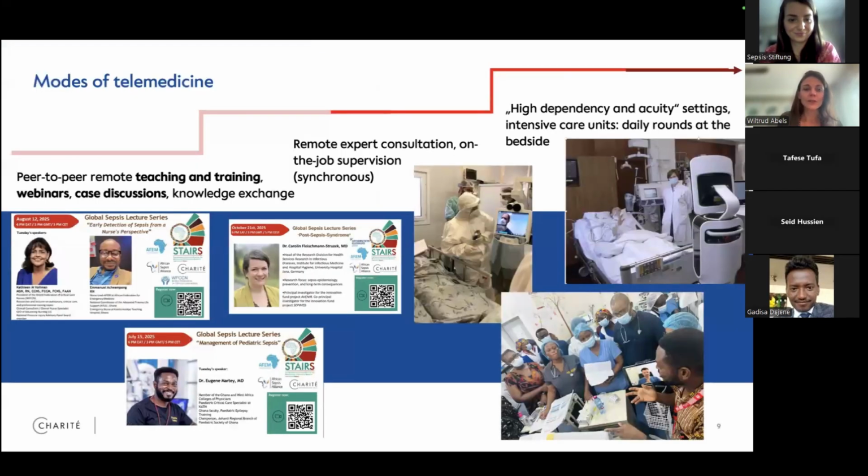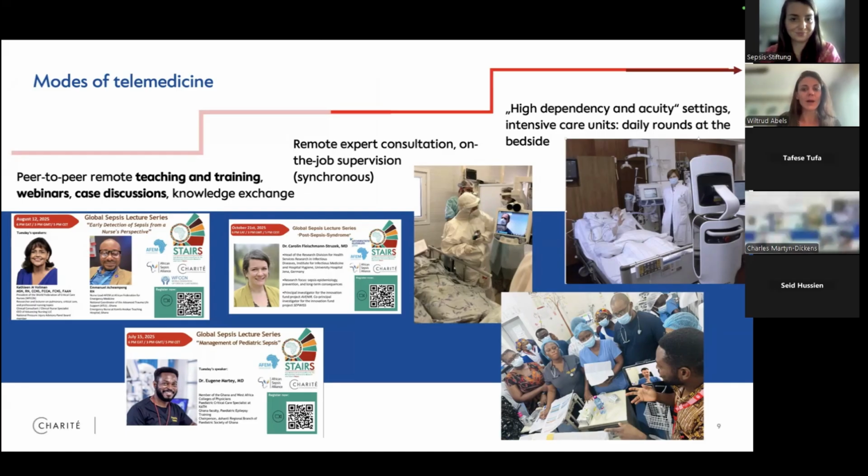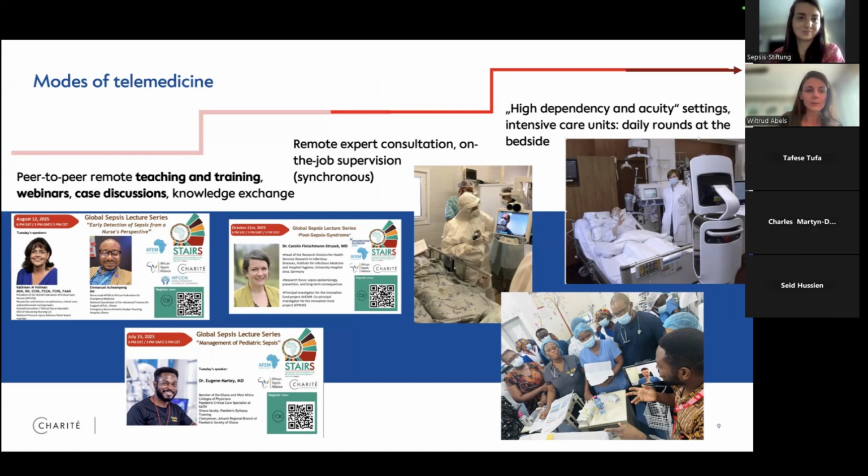So I said I was going to talk about different modes of telemedicine, and this is a little bit of a visual representation of what telemedicine can be. I already mentioned that remote teaching and training, peer-to-peer usually, including webinars, including case discussions, leading to a valuable knowledge exchange about care, in our case, sepsis care, is already telemedicine. So what we're doing right now, our webinar series, is already a mode of telemedicine.